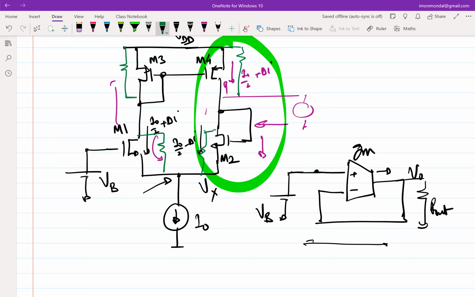The same argument can be made. Another interesting argument that can be made is, don't put it in negative feedback, and assume that both M2 and M1 are connected with identical bias voltages, and then argue what will happen to the drain, basically the output. Will it be higher than the left arm or lower than the left arm? So that argument can also be made.